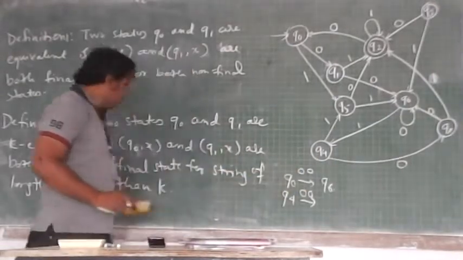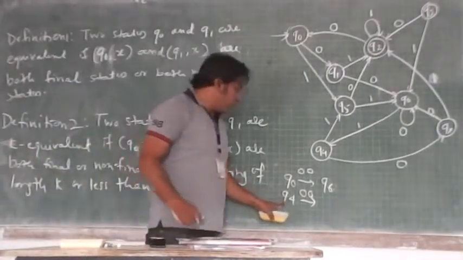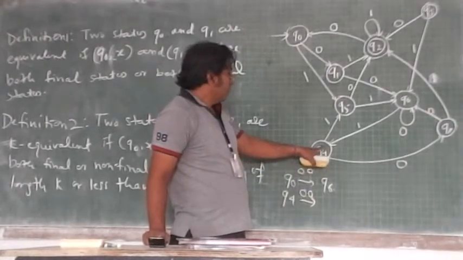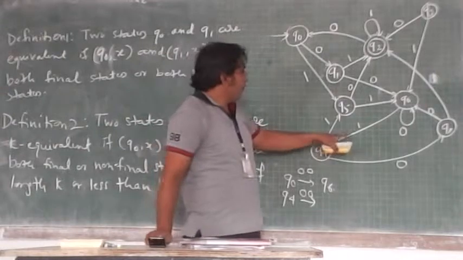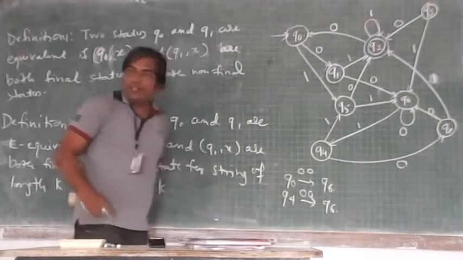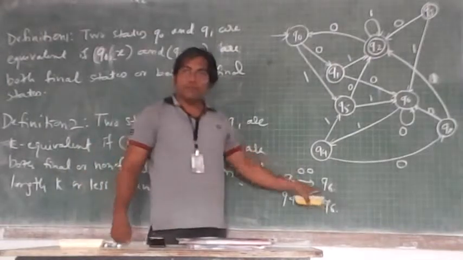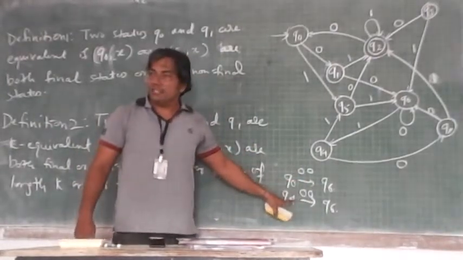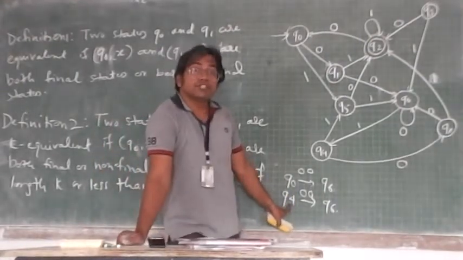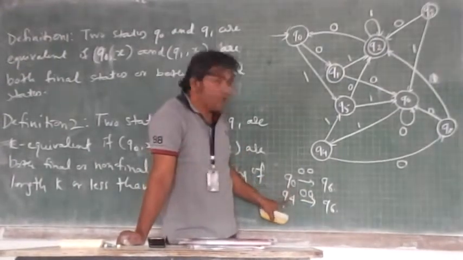Q4 on 0 goes to Q7, and then Q6. Here 0, 0 is x, the string. So with a string of length 2, I am able to go to a particular state from two different states. In this situation, I would say Q0 and Q4 are K equivalent. Here K value is 2. So Q0, Q4 are 2 equivalent.